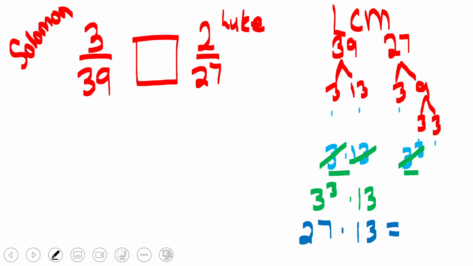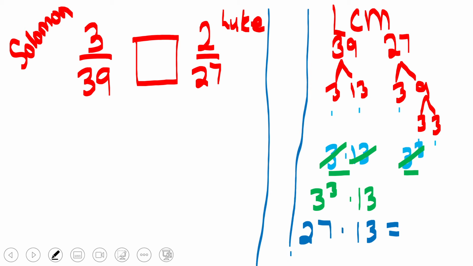And we have to do some margin work for that. So we do some margin work and we say, okay, I need to do 27 times 13. We work that out.